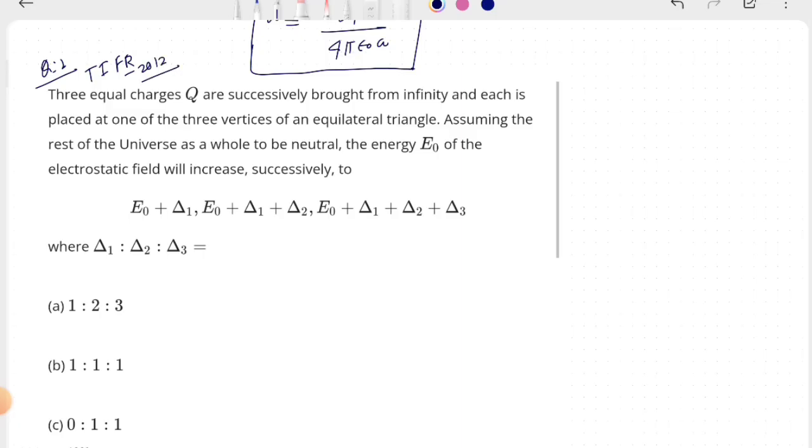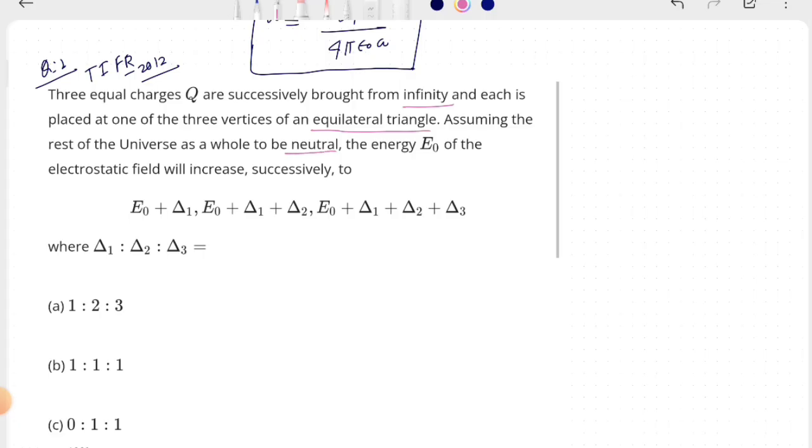Here the question: three charges Q are successively brought from infinity, each placed at one of the three vertices of an equilateral triangle, assuming the rest of the universe as a whole is neutral.